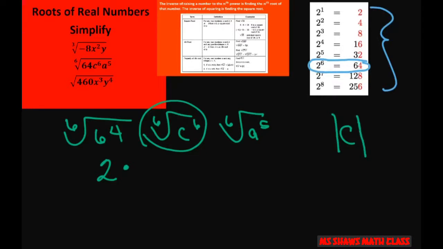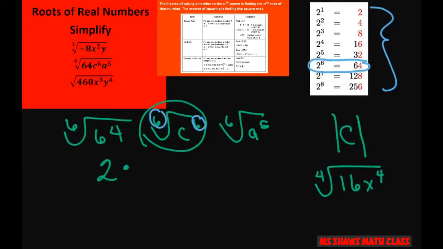So if you're ever going from even to odd, then you have to put absolute value. For example, let's see, 4th root of 16x to the 4th.